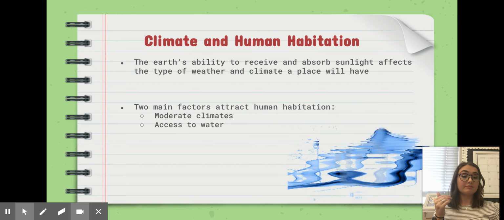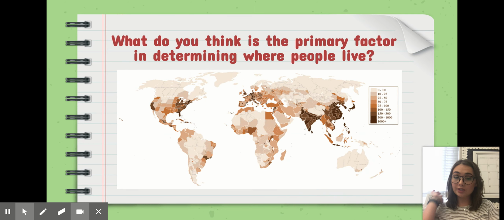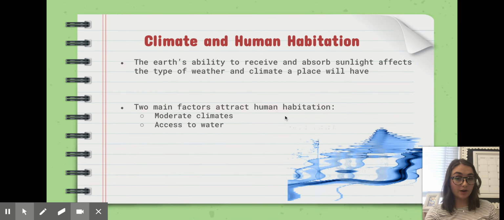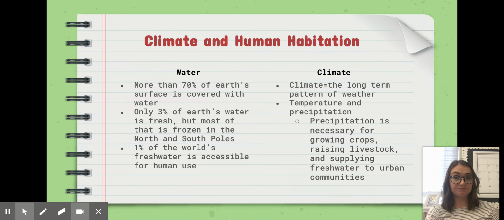Now, you don't know that for sure yet, but knowing this fact and looking at this map, you could probably say that most of these people probably live in a moderate climate with access to water.